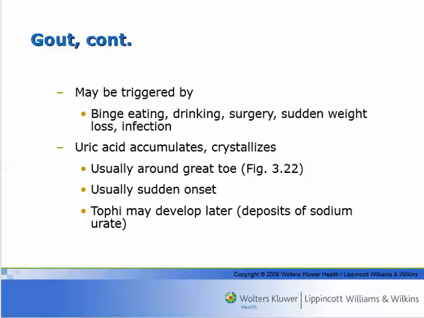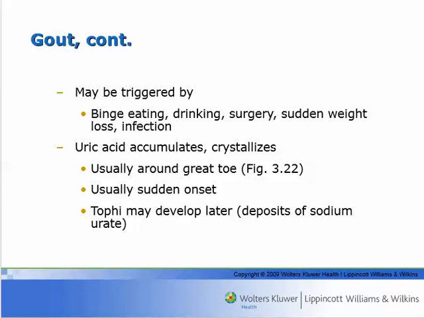Once there is a locus that will start that crystallization, then the crystals spread from there, and they're sharp, and they literally start to cut up and cause inflammation by mechanically altering the joint. Now, it happens where the blood flow is the slowest, so the furthest away from the heart that you can go, and coolness causes precipitation of the crystals. So really, the big toe is the place where it normally happens.